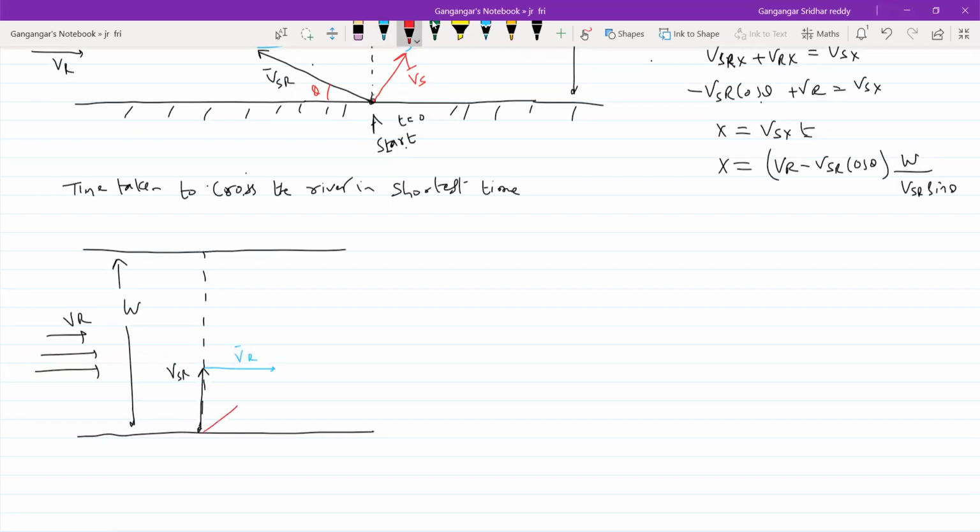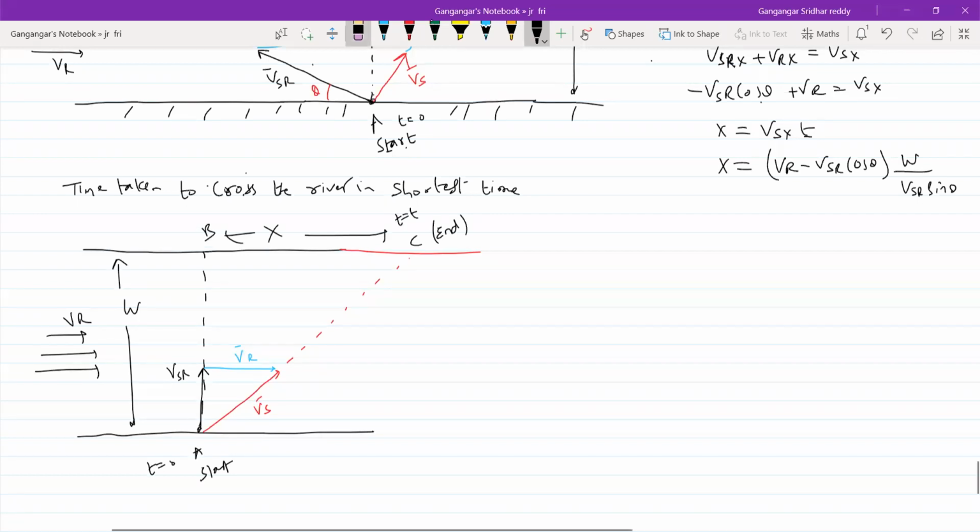Then this will be Vs. So what is the condition for him? He should cross the river in shortest time. That's all. He's not bothered where he will reach. He will reach here. So this is the start point, and this is the end point. He will start at t equals 0. He will have some drift. Okay, look at this diagram.